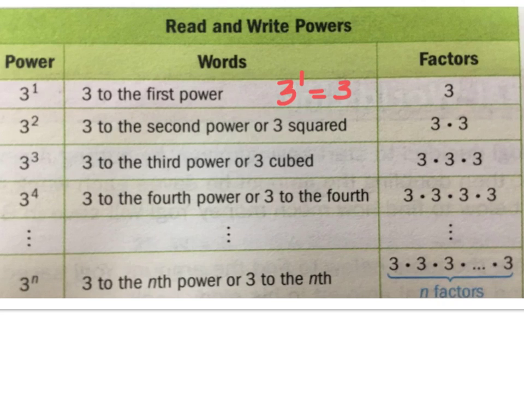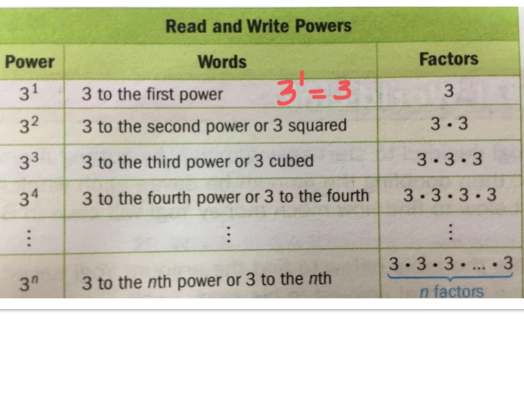Looking at our second example, we have 3 to the second power. We can also read that as 3 squared. That tells us that we must multiply the base by itself twice. So you can see that our factors are 3 times 3.